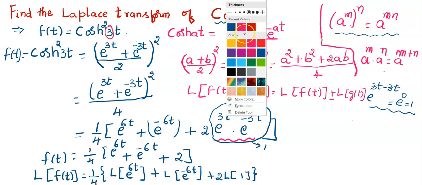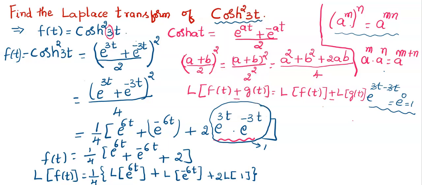We know that the Laplace transform of e to the power of at is 1 over s minus a. So here a is plus 6. Same thing we have to adopt for the second term, where a is minus 6.